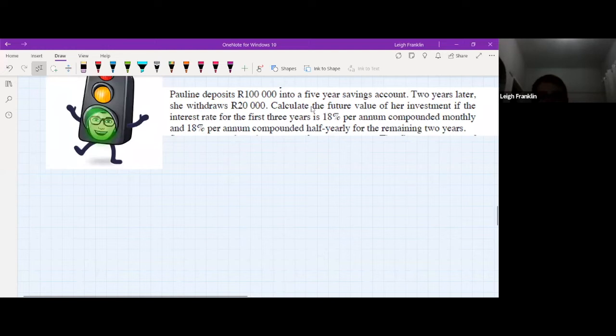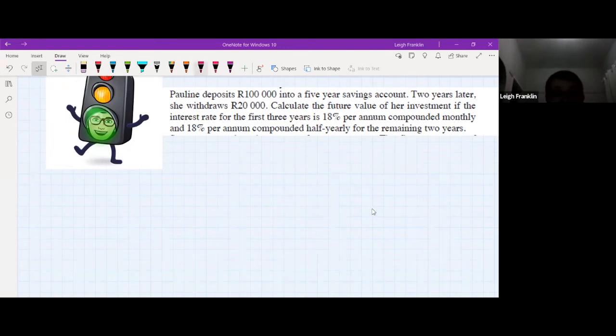Good stuff. Now Pauline deposits 100,000 Rand into a 5-year savings account. 2 years later, she withdraws 20,000. Calculate the future value of her investment. Again, future value has been used in the wrong context here.